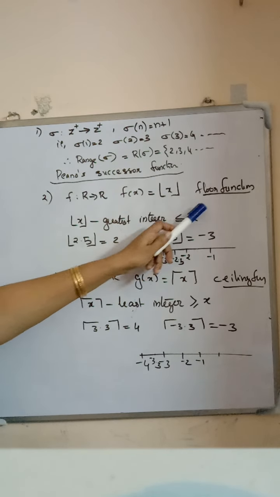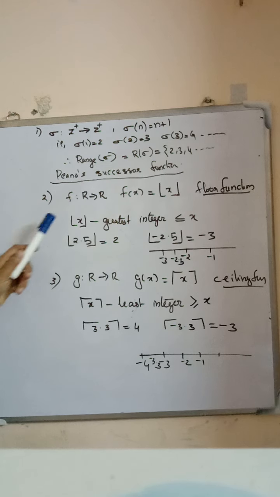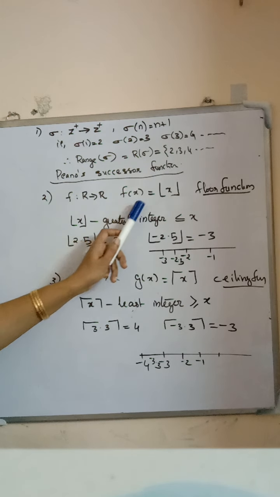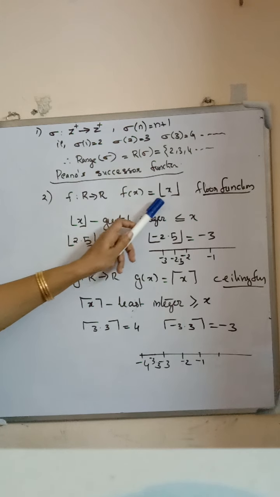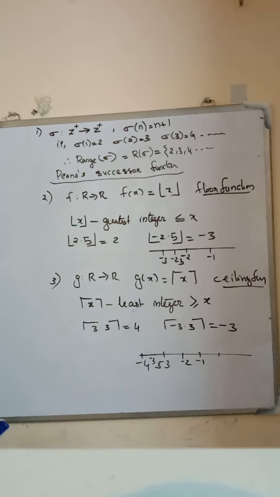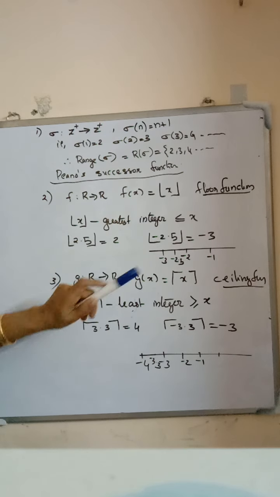Next, we define the floor function. f from R to R, f of x is a floor function. Floor function means the greatest integer less than or equal to x. If we input 2.5, the greatest integer less than 2.5 is 2.